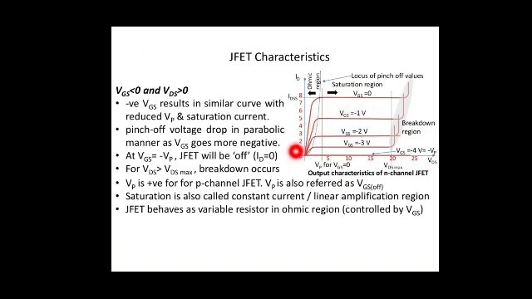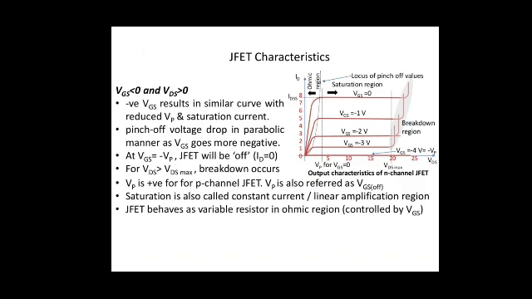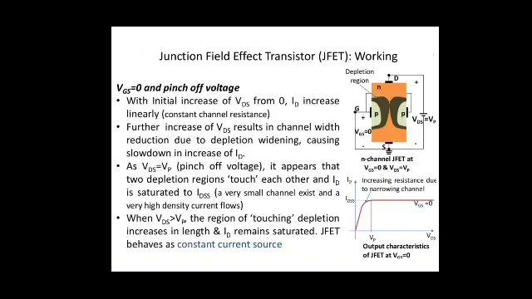Now if VGS is -2, the more reverse voltage is applied across the gate terminal, the IDS generated will be very less, and so on. If VGS is -3, -4 volts, let us assume the voltage due to which pinch off occurs. There are two types of pinch off that can occur in a JFET.